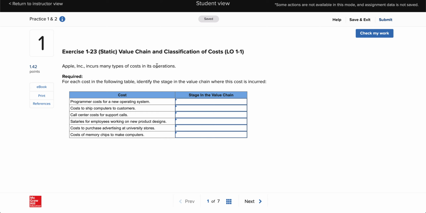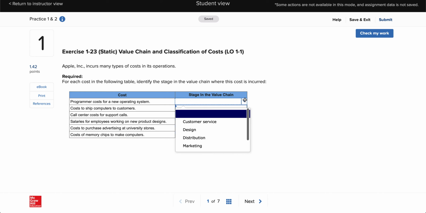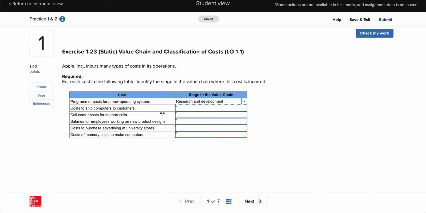You want to know where they are in the stage, because certain stages lend themselves more to cost cutting than others. So when we talk about a programmer's cost for a new operating system, this is something that we would find in research and development. With regards to the cost to ship computers to the customers, that is most definitely a distribution item.